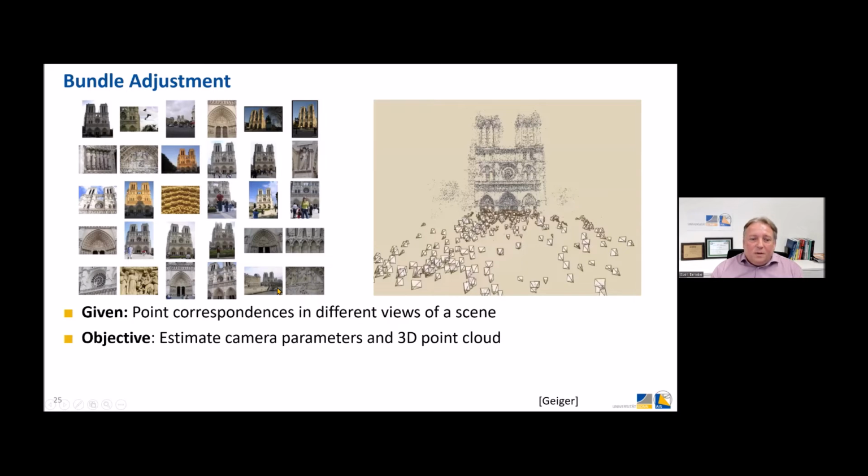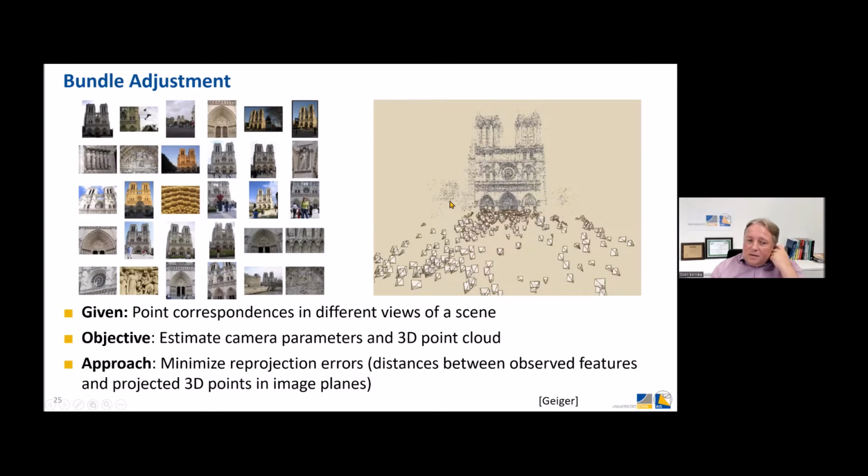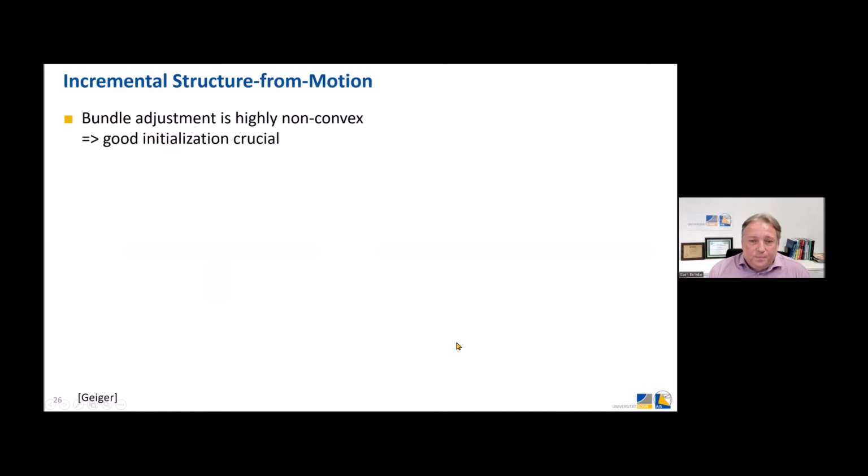And our objective now would be to estimate all these camera poses and parameters and recover a 3D point cloud of the scene. And the approach is really just minimization of reprojection errors to overall have a consistent arrangement of cameras and 3D points in the scene.